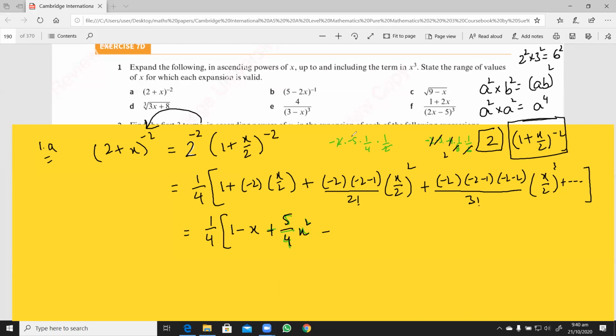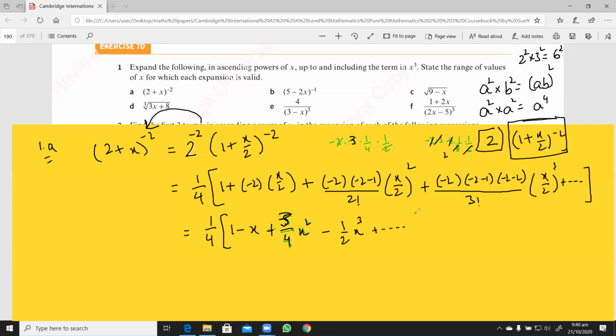Yeah, you're right. This is 3. In the previous question, I wrote 5 instead of 3. Okay. So this has to be 3 over 4. Thank you for keeping an eye on my working. I hope the next one I have done is correct. That is minus 1 over 2 x cubed.